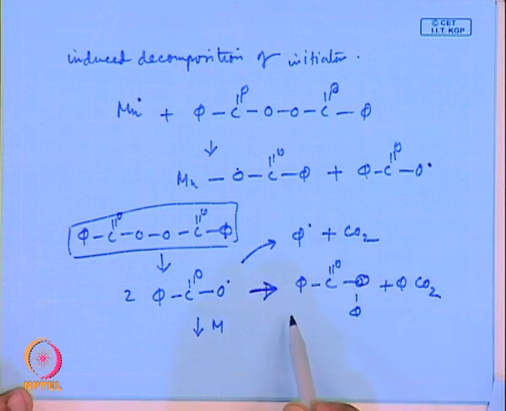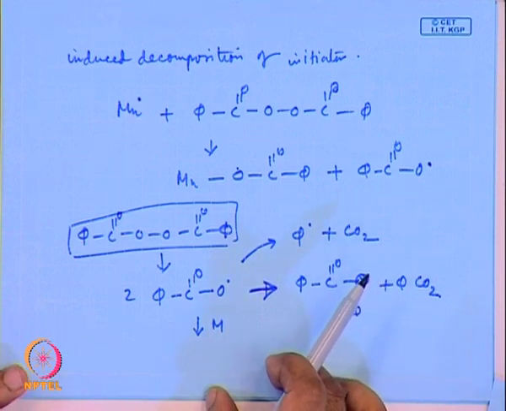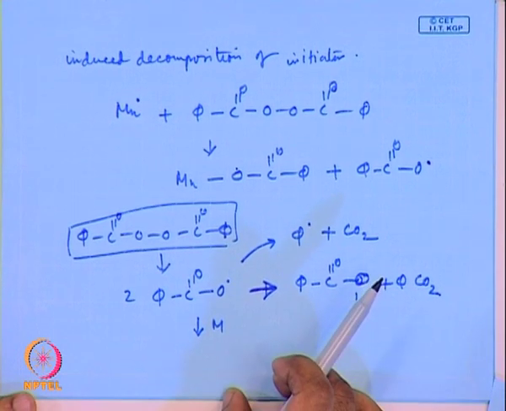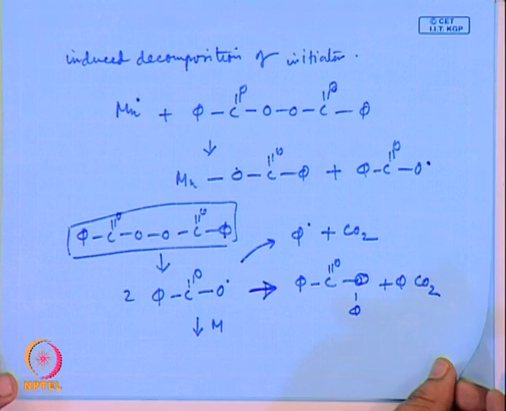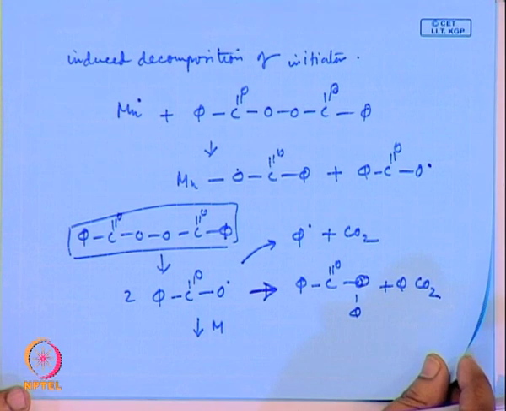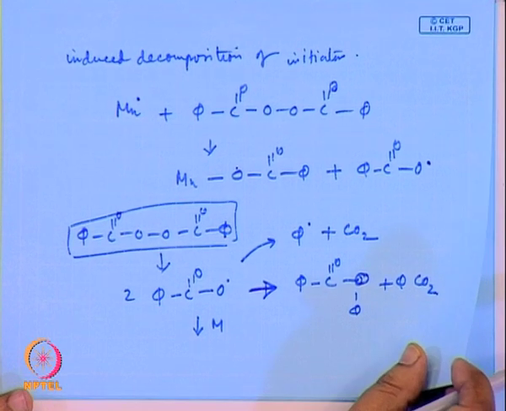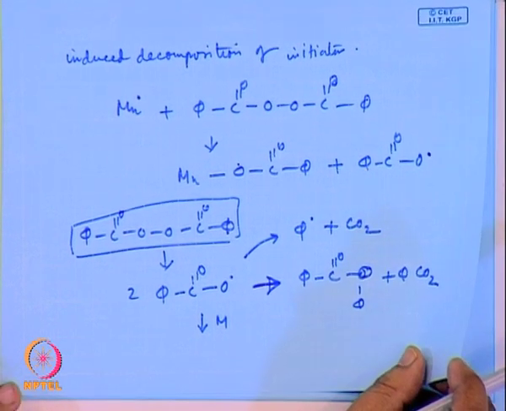So, that is the reason that not 100% initiator is efficient. Only a part, like 30 to 80% of the radicals generated initially, actually initiate a polymerization reaction.